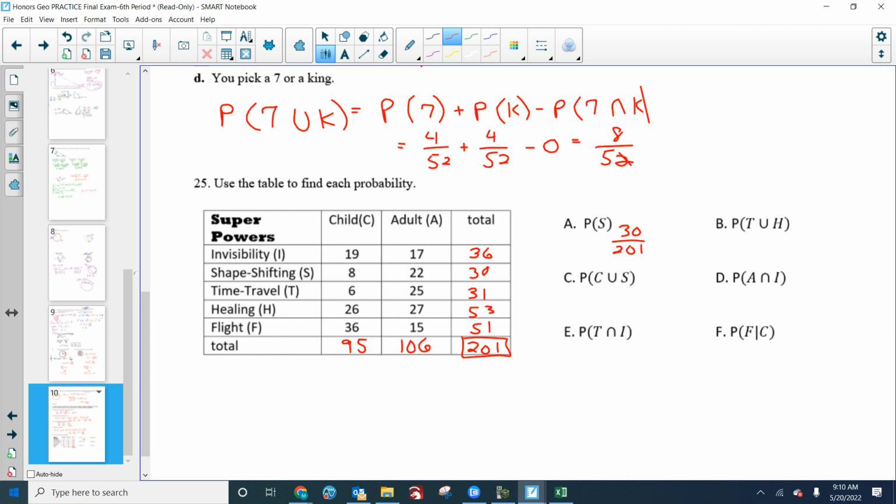All right, P of T or H. P of T plus P of H. Is there any overlap? No. So P of T, 31 out of 201.